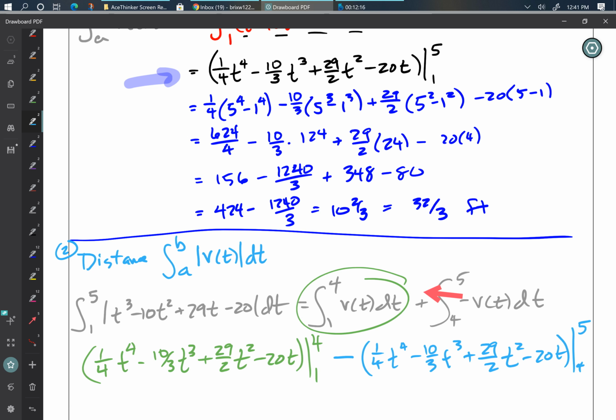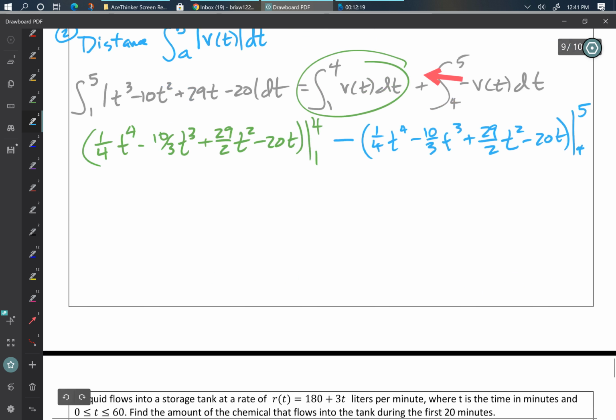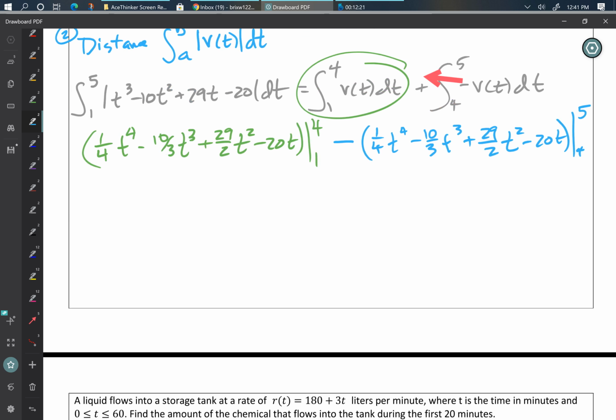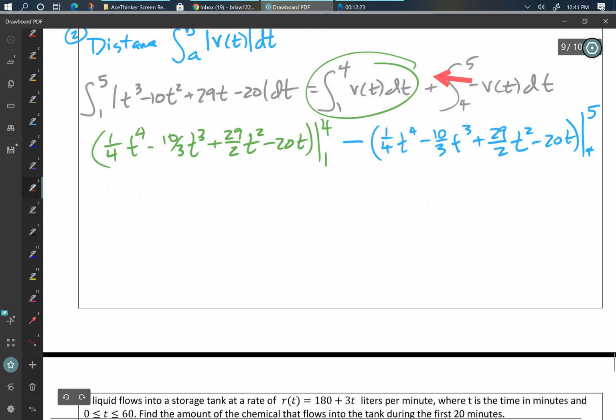Whew. A lot of work, but I can make this happen. Okay, just going to dive in and start doing this. So this is going to become 1/4 times 5 to the 4th minus 4 to the 4th minus 10/3 times, wait. Totally screwed up my limits there.